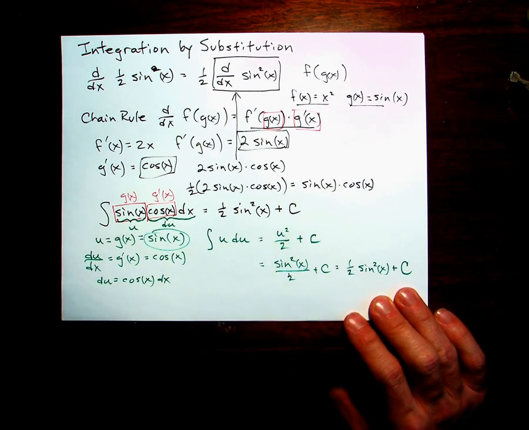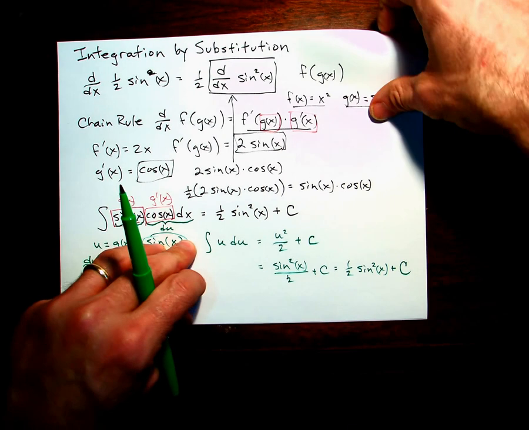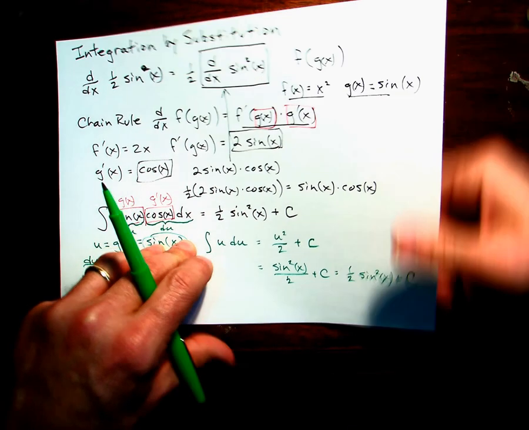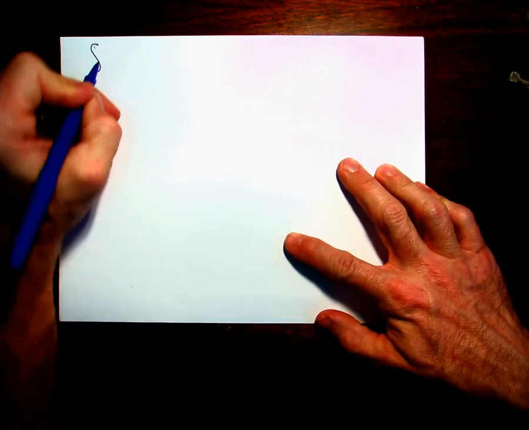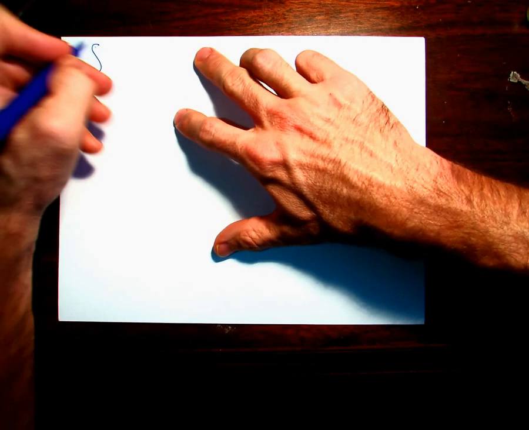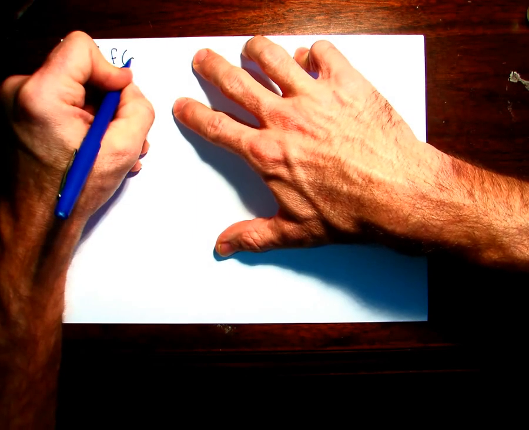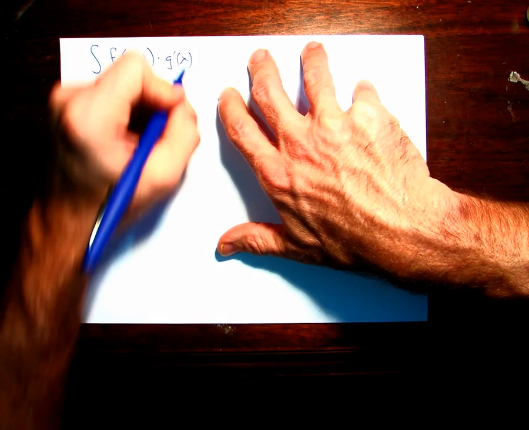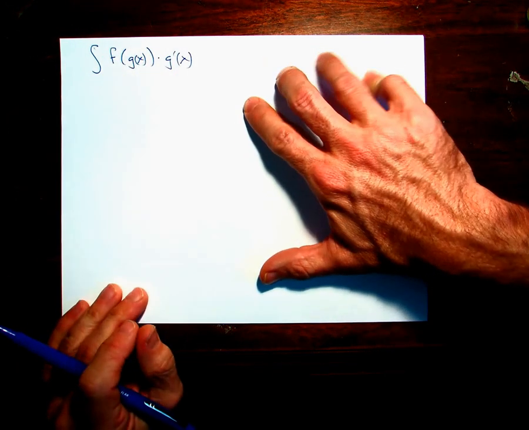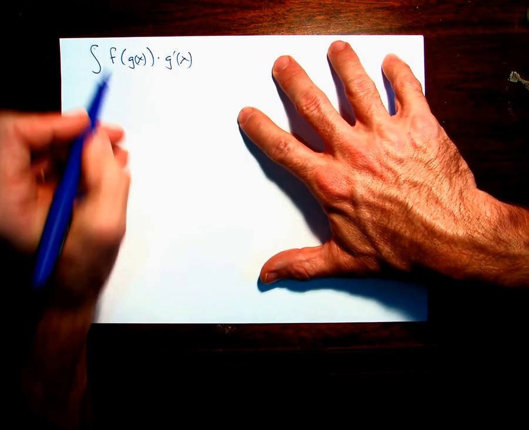All right? So let me just summarize what we just said here. So if I want to find the antiderivative or the integral of something of the form f of g of x times g prime, right? This is what we get when we use the chain rule.